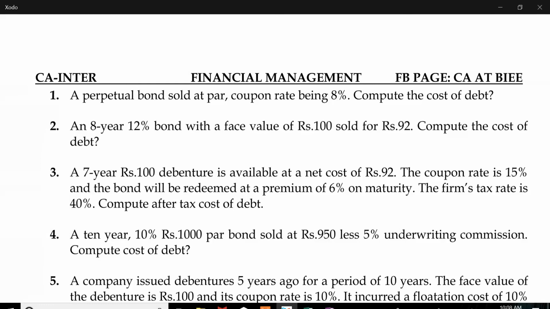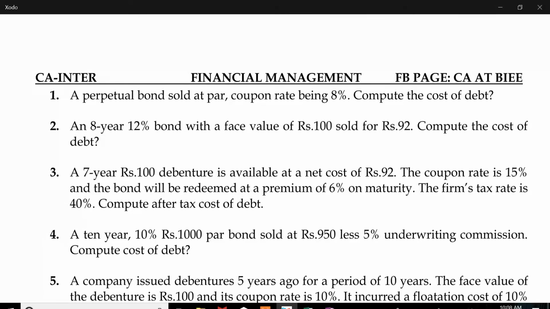First question. It's irredeemable. Another thing, if life is not given, it has to be irredeemable only. I need life information. So they say a bond sold at par, that is also irredeemable only, because I don't know the life of the bond. Without a life, I can't do much. So it's an irredeemable debt.